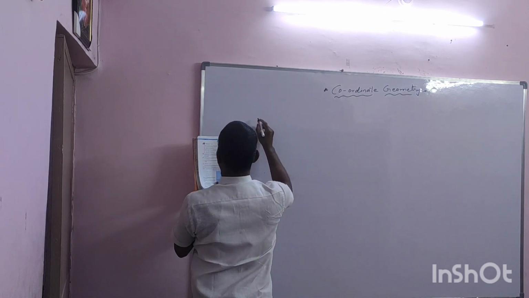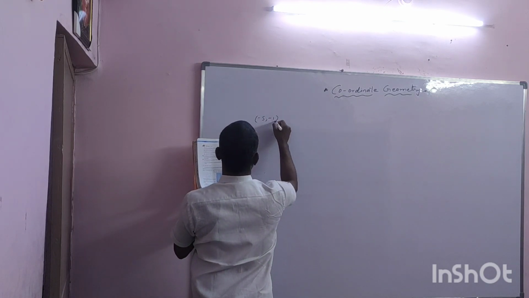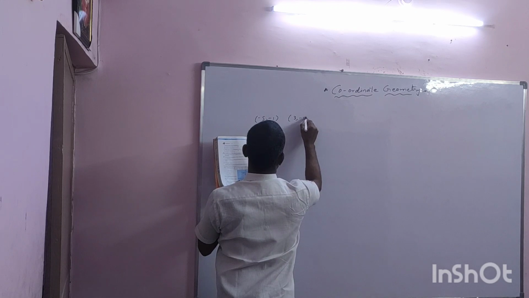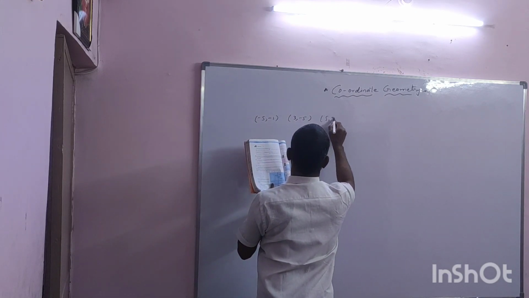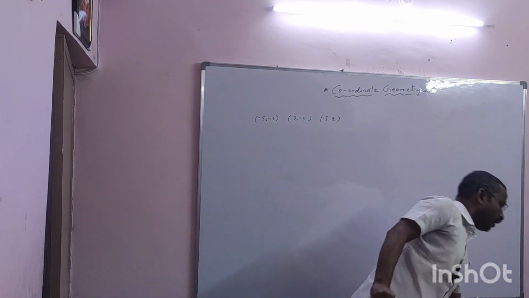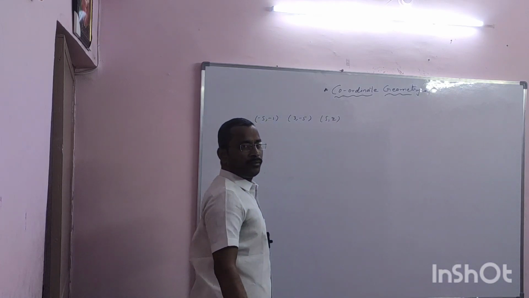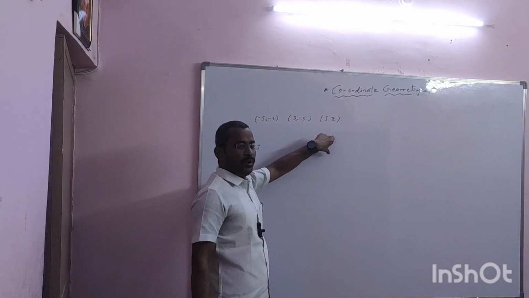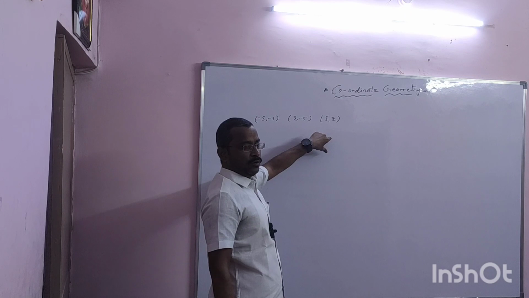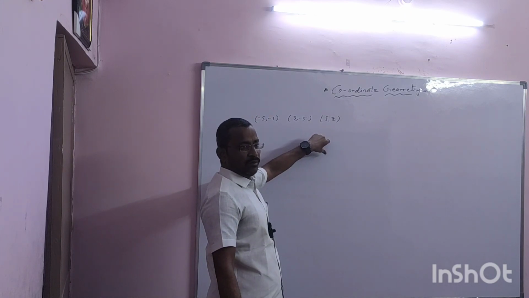the same question we will take: minus 5 comma minus 1, 3 comma minus 5, 5 comma 2, by using Heron's formula. So far we have used the formula half into x1 of y2 minus y3, x2 of y3 minus y1, x3 of y1 minus y2.